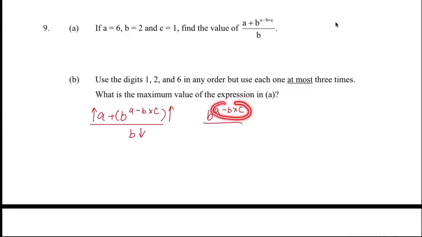Because if this part is small, then the whole thing gets smaller. We can see that there's A here and A here. So we know that A has to be 6 because we want this to be the biggest, and also this to be the biggest. So we know that A must be 6.